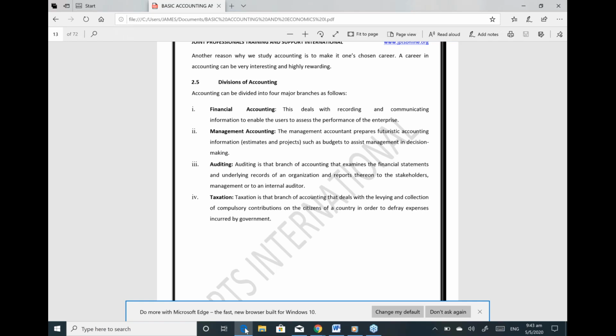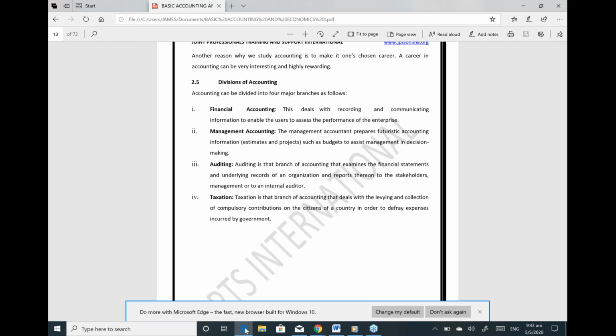Then number 2, we have management accounting. The management accounting prepares futuristic accounting information, estimates and projects such as budgets to assist management in decision making. Management accounting is mostly the internal account that tells us what is happening inside before the financial account is prepared.